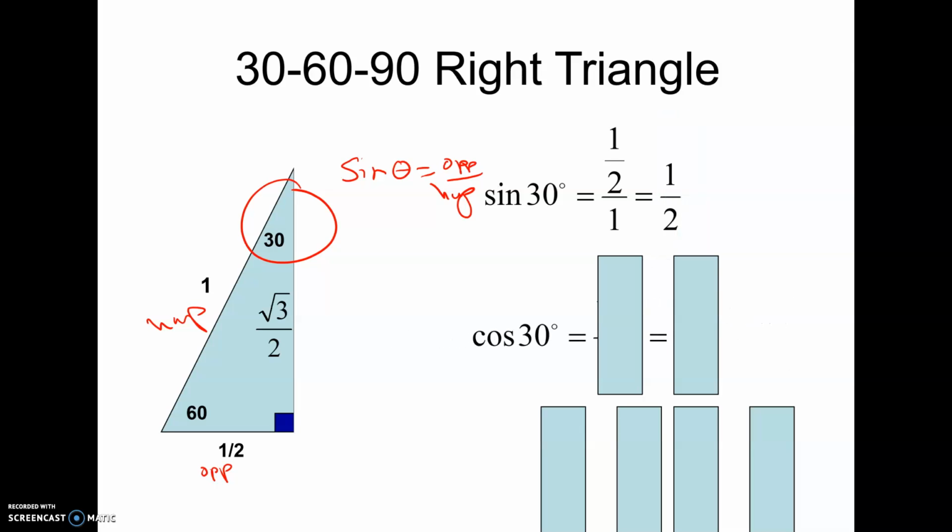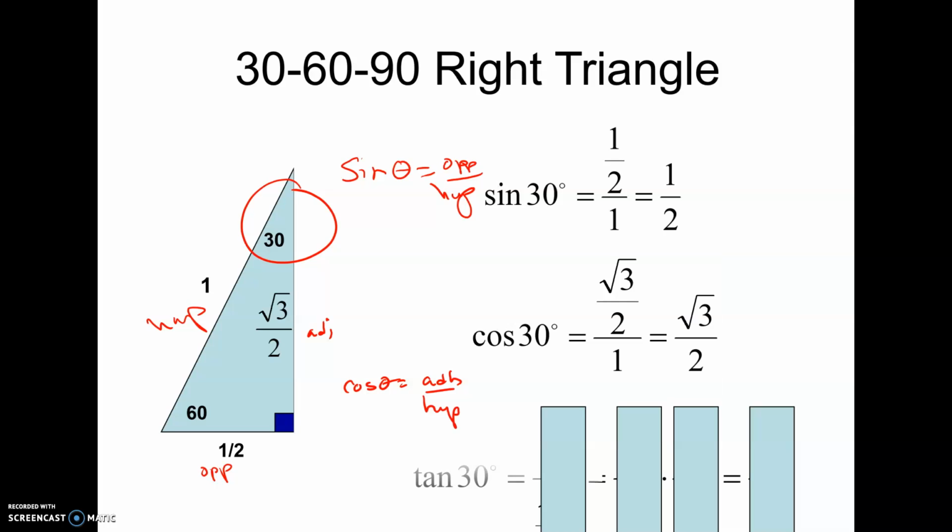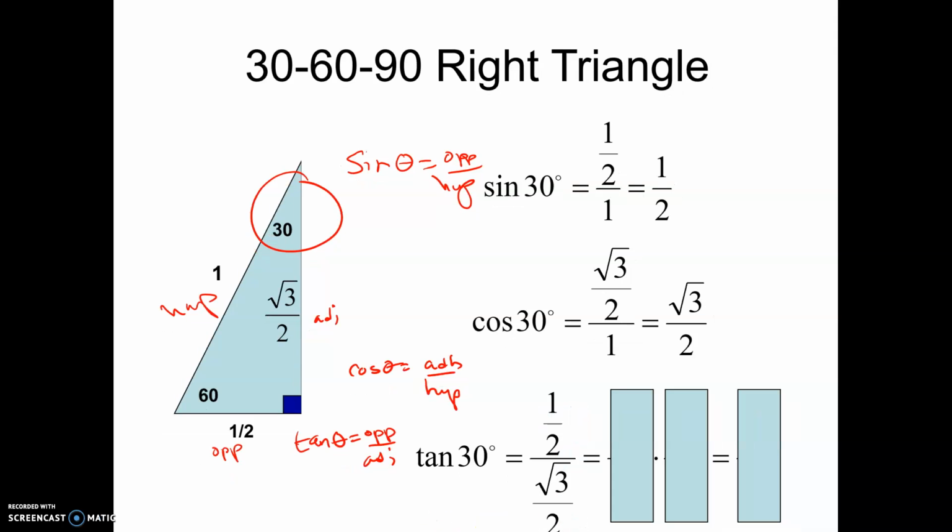If I want the cosine of 30, then cosine is adjacent over hypotenuse. So that's going to be the ratio of radical 3 over 2 divided by 1, which ends up being just radical 3 over 2.